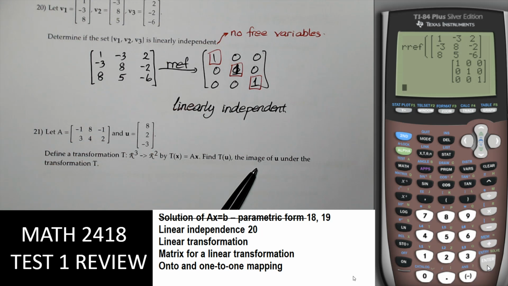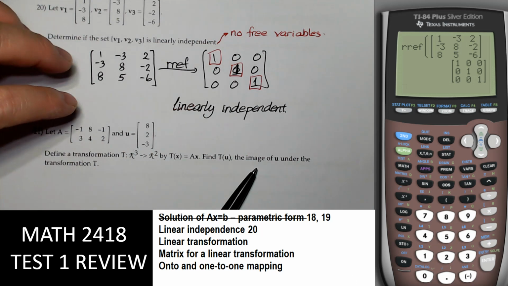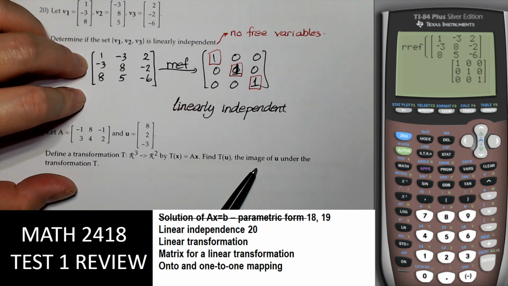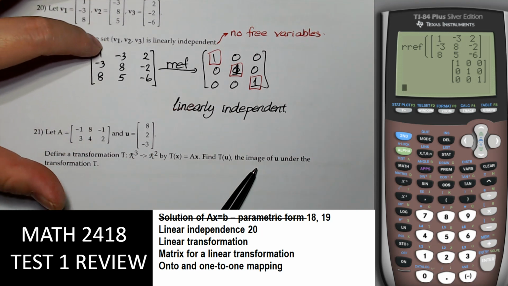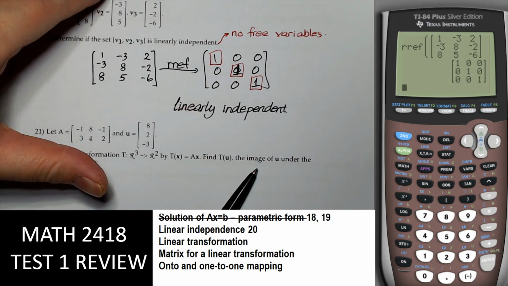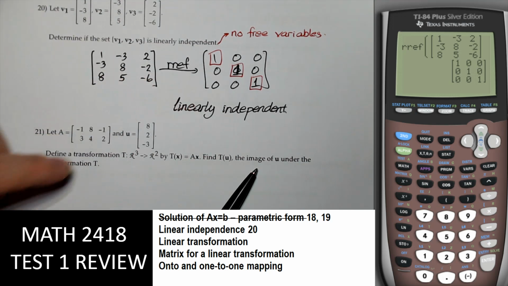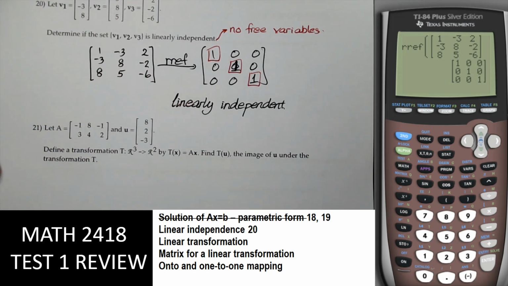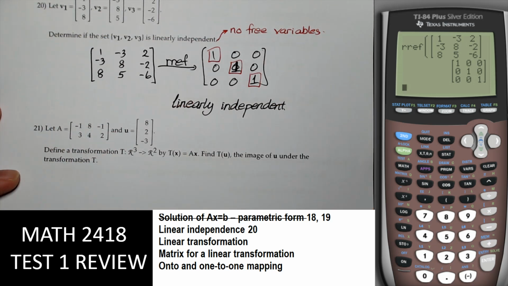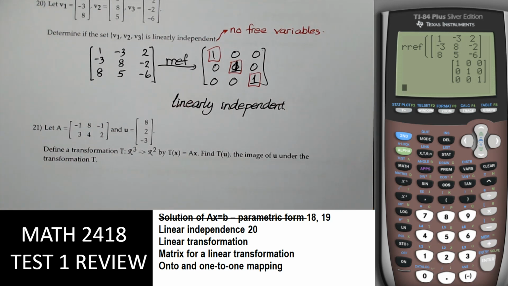Right, we're good. So whether we have a matrix, or just the vectors we stack in the column, we just find the reduced row echelon form. If we have no free variables in the reduced row echelon form matrix, it will be linearly independent.